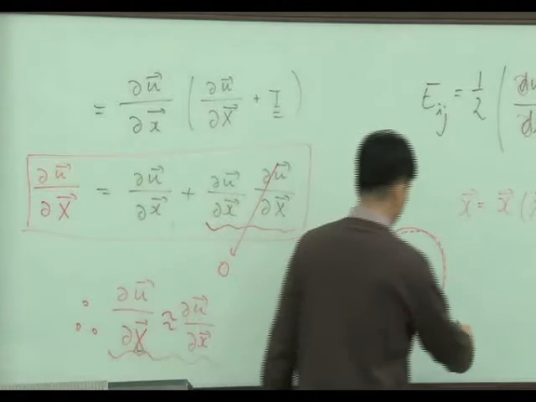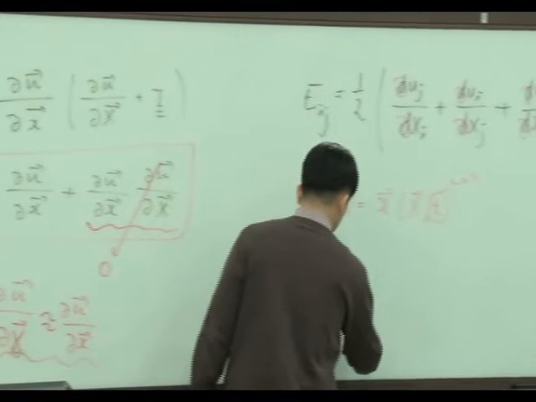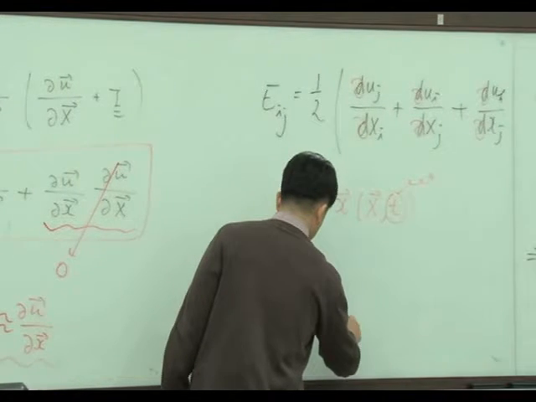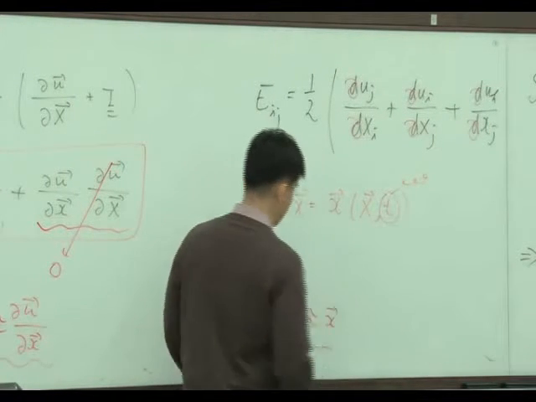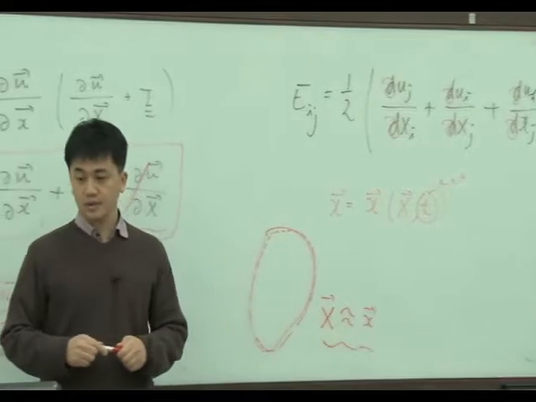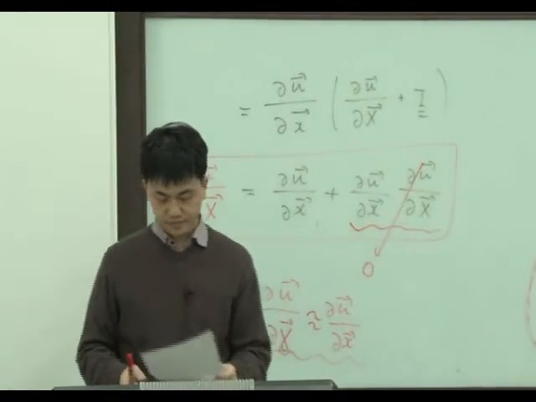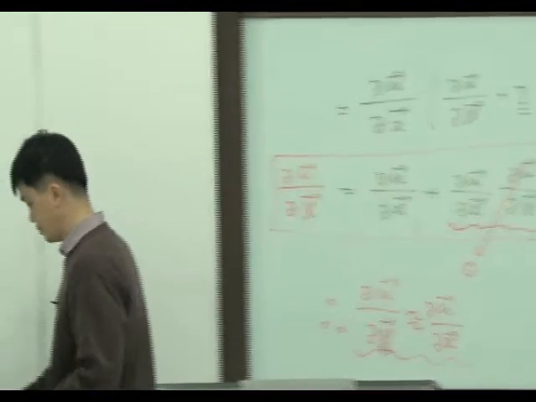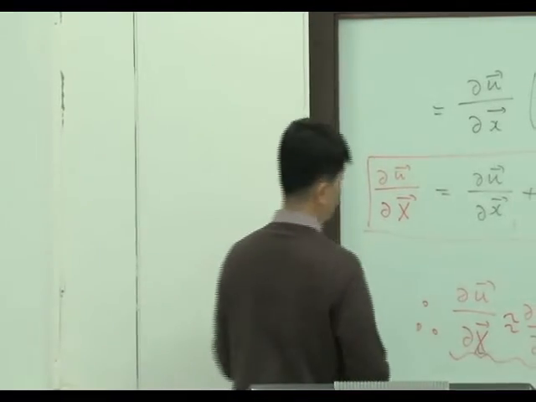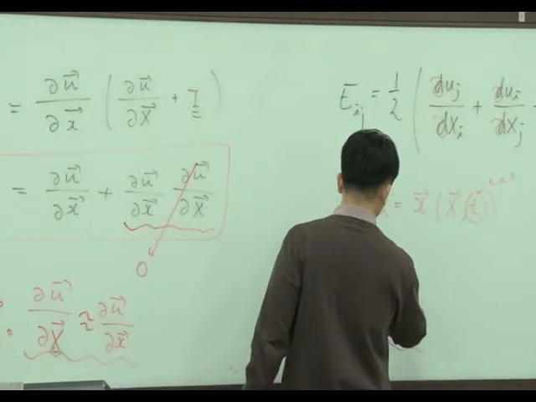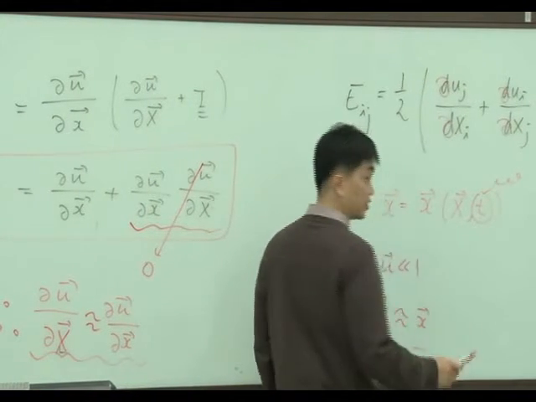Because X and x are similar, and u is much, much smaller than 1.